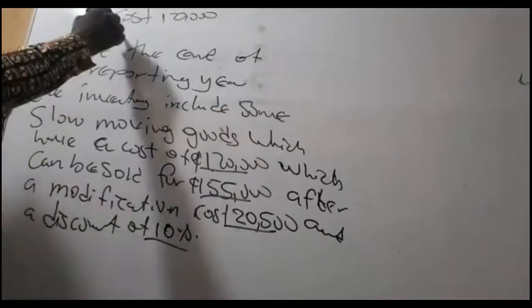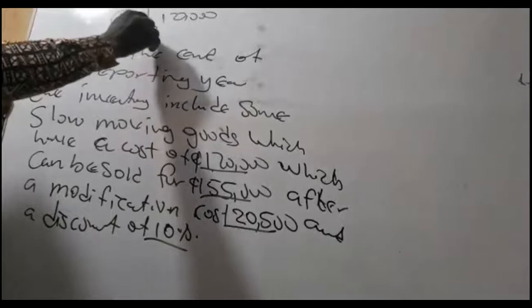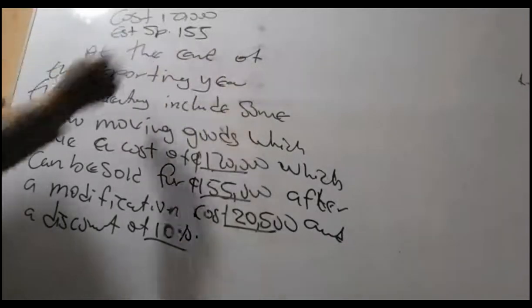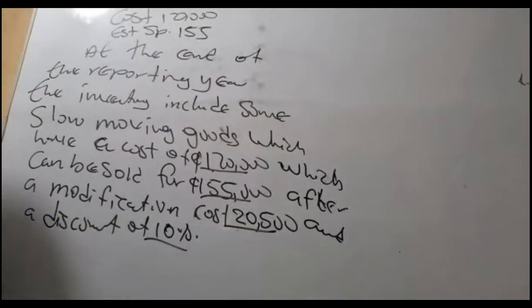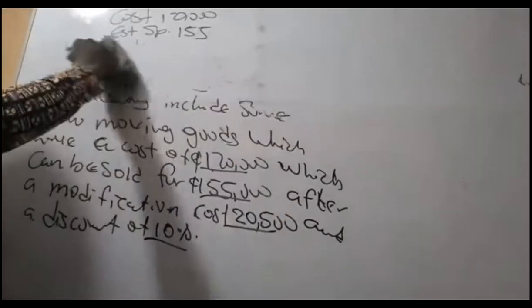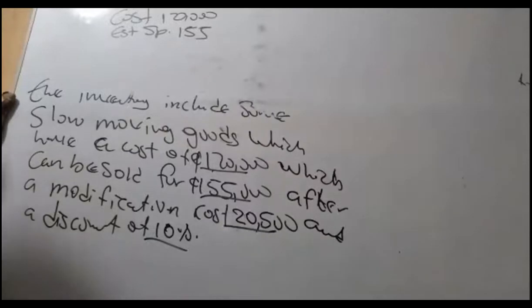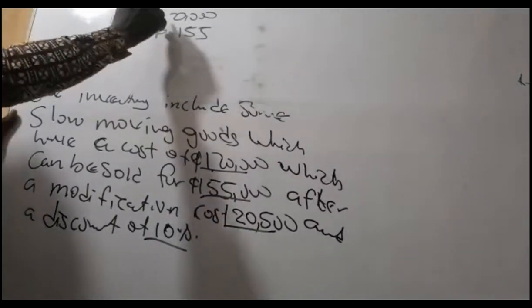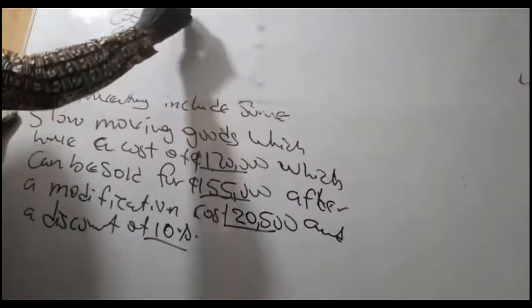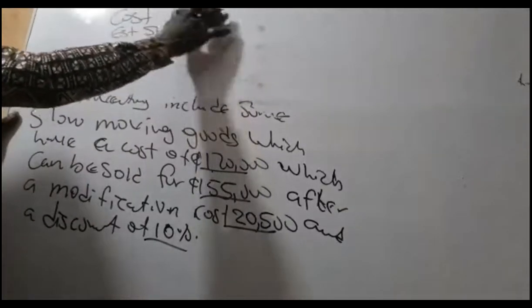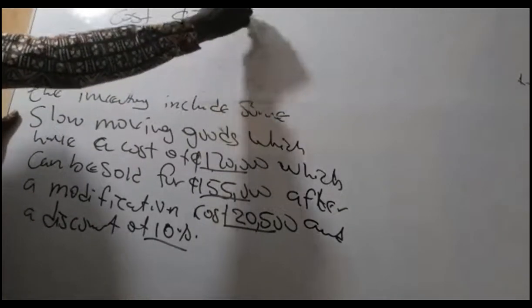Sold for, the estimated selling price is 155. We're supposed to just write the issues like this for you in the exam so that you don't worry yourself. When you do that, you have already probably solved 10% of the question.